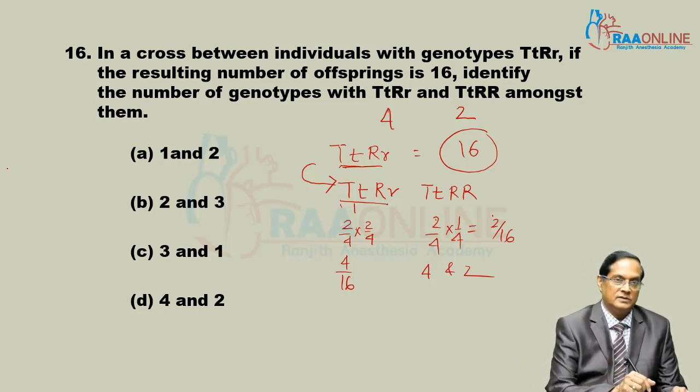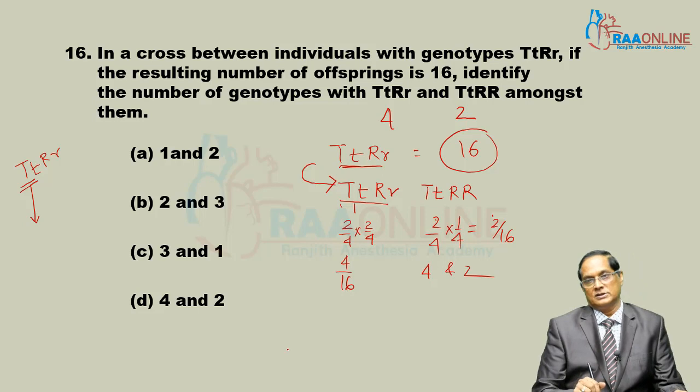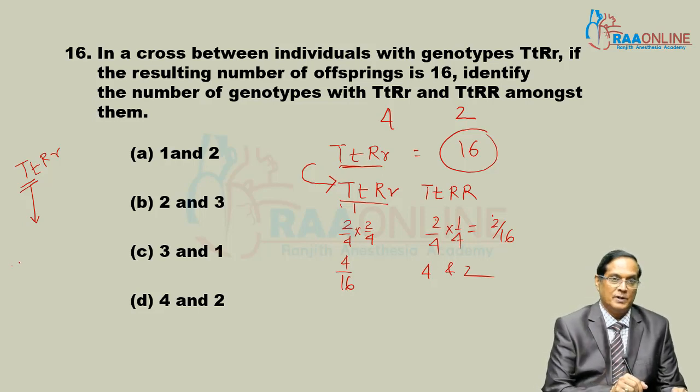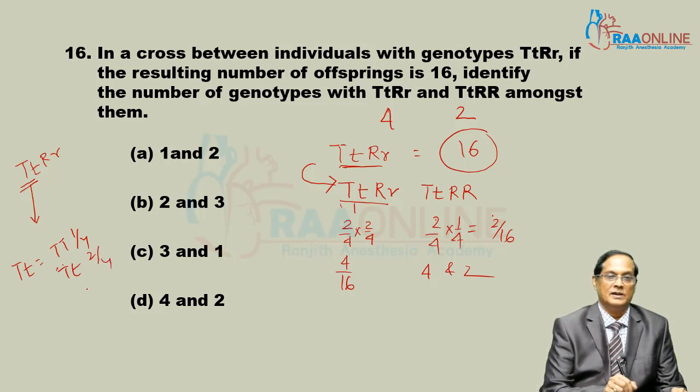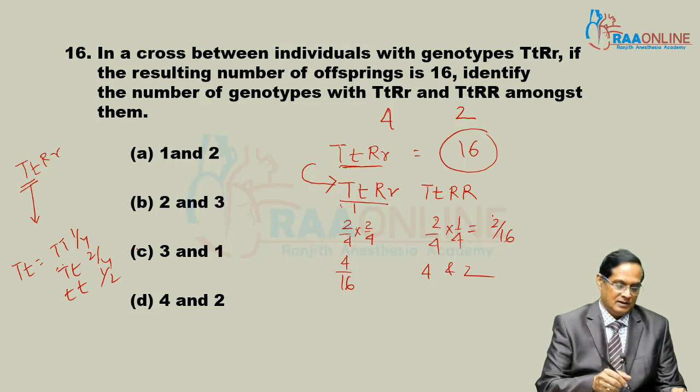If this plant is selfed, then I apply the monohybrid cross. If this plant is crossed, you will get T 1/4, T small t 2/4 and small t 1/4.